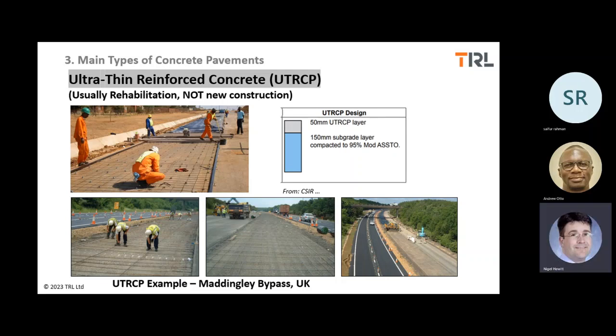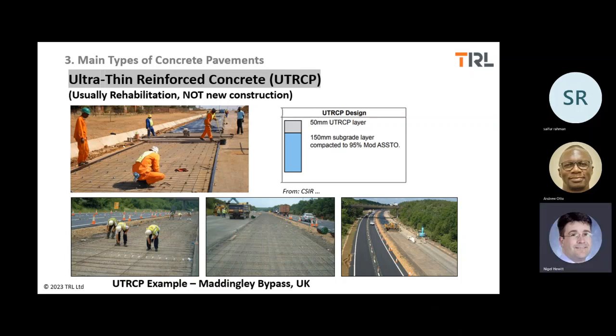In the UK, we have used it on a few roads where, for example, there was a length of flexible composite pavement, which was asphalt over CBM, but there was lots of longitudinal cracking along the length of the road. So what they did is they planed off half the asphalt and replaced the top with a very thin reinforced concrete layer.